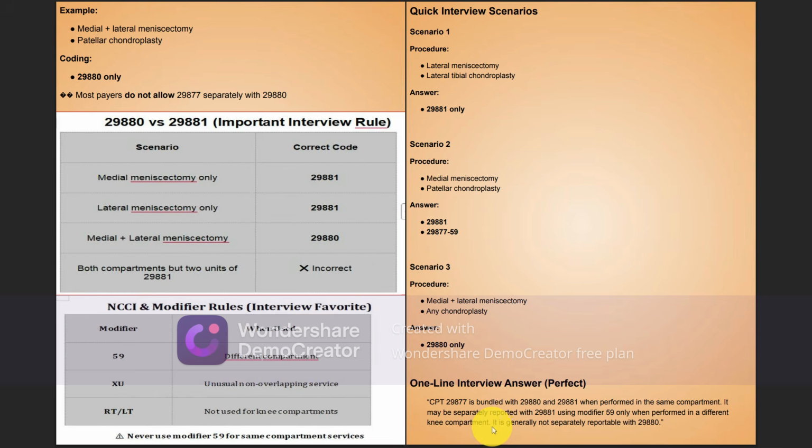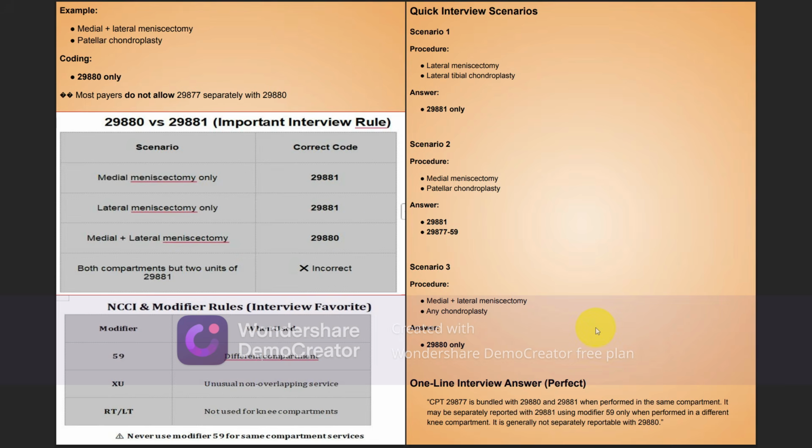CPT 29877 is bundled with 29880 and 29881 when performed in the same compartment. It may be separately reported with 29881 using modifier 59 only when performed in a different knee compartment. It is generally not separately reportable with 29880.